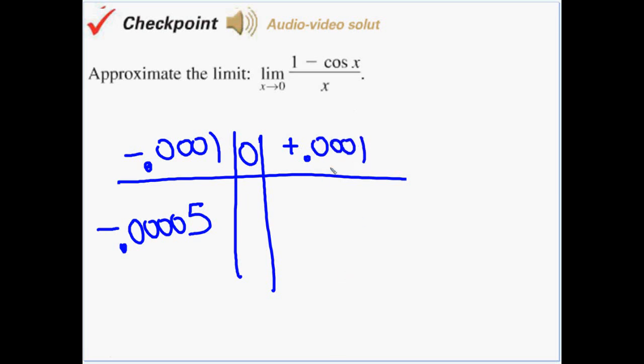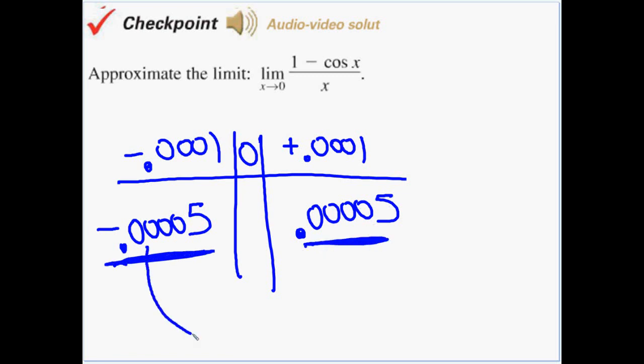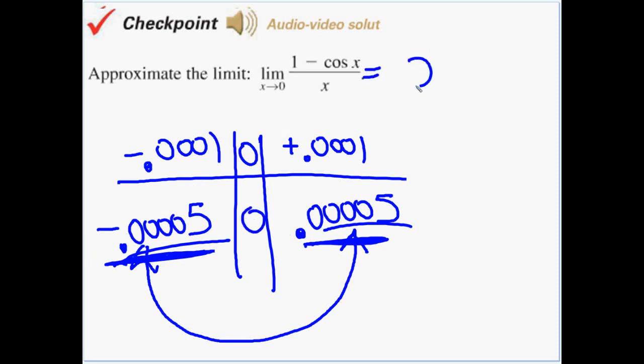Our y value there would be a positive 0.00005. So here our graph is going uphill. We're negative, and then we cross to positive. So it looks like our output for 0 should be something in between negative and positive. And what's right in between negative and positive? 0. So this limit looks like it's going to turn out to be a 0.